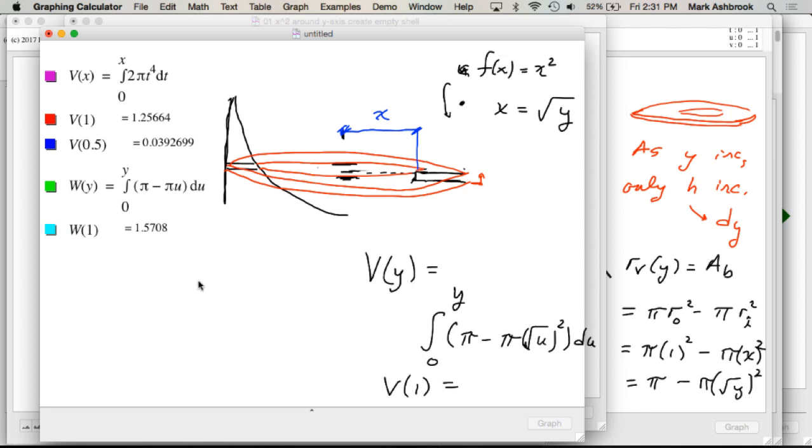Something wrong. Oh, because it's not squared, it was the cube, right? I changed the function. The function was x cubed. So we want to keep that same function, x cubed. And so what is x? x is the cube root of y.